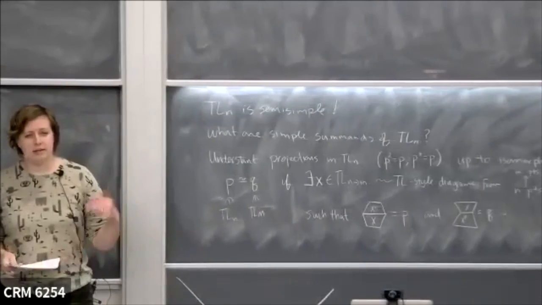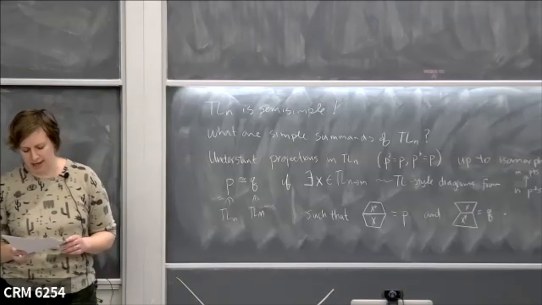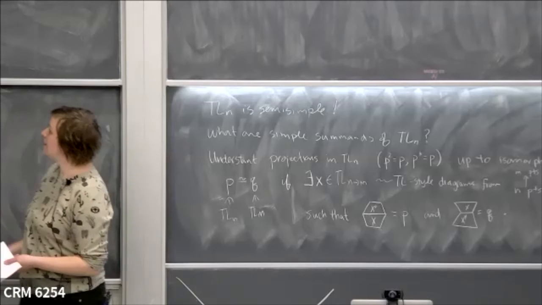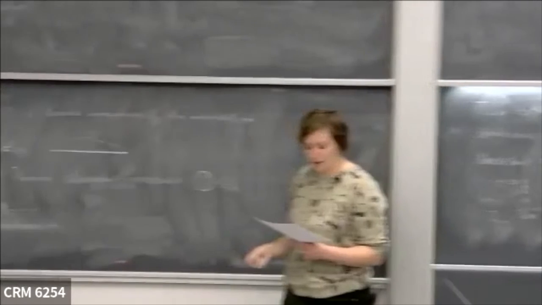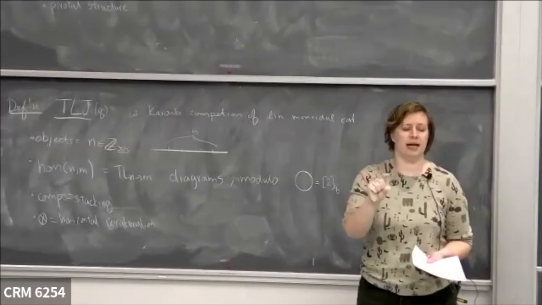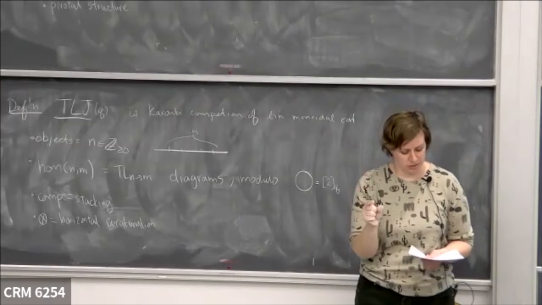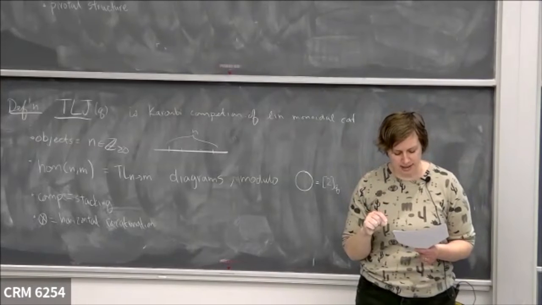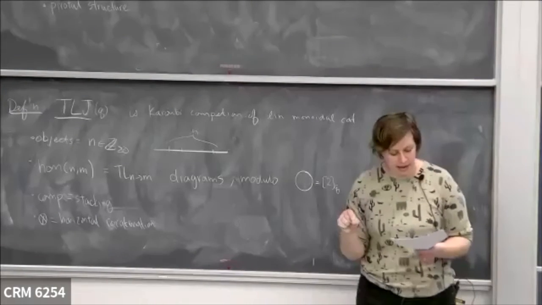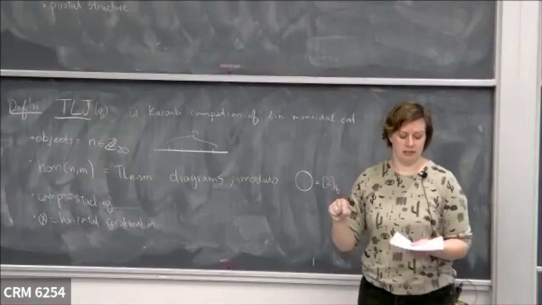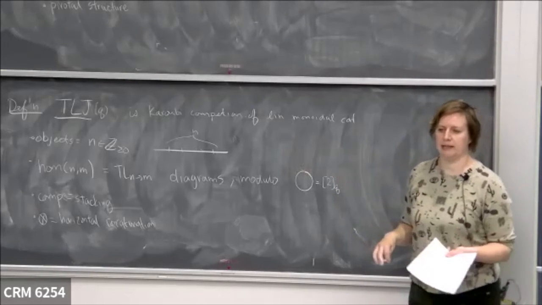In particular, there's a universal property at work, so that any time you have a pivotal tensor category with a single object with pivotal dimension quantum 2, which is symmetrically self-dual, then you get a pivotal tensor functor from TLJ into that pivotal category.